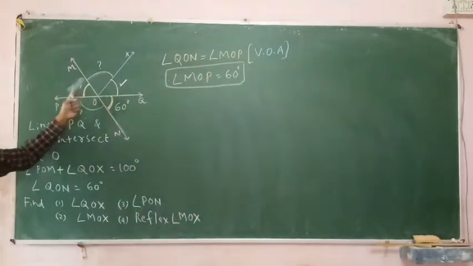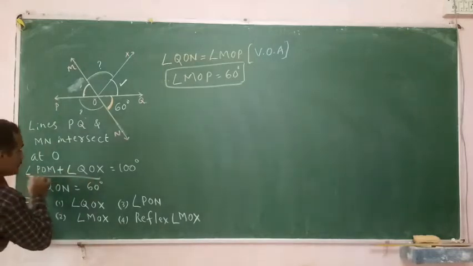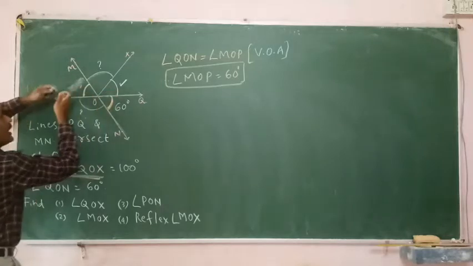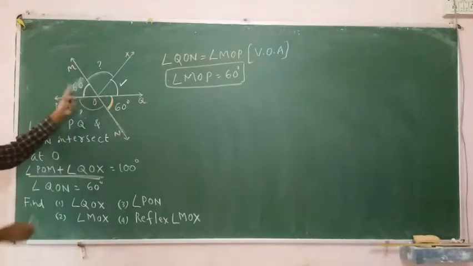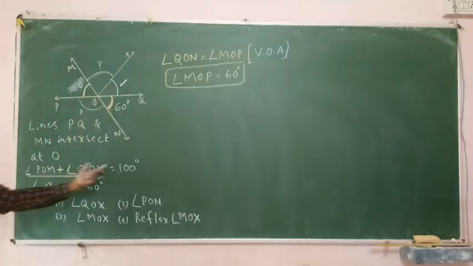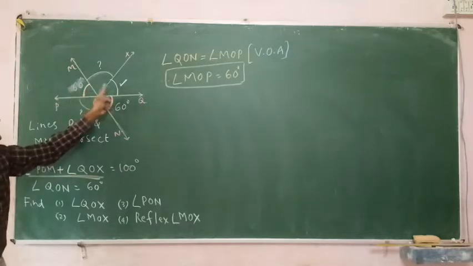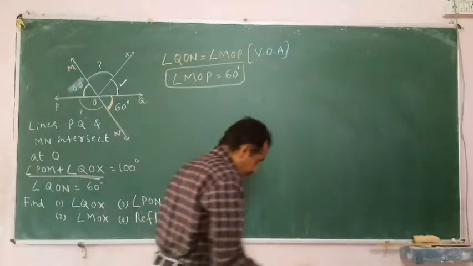They have given this plus this is equals to 100 degree. When this is 60 degree, can you say this is 40? Because together it is 100 degree. This plus this together it is 100 degree. So with that, can you say this is 40 degree? That we are going to write.